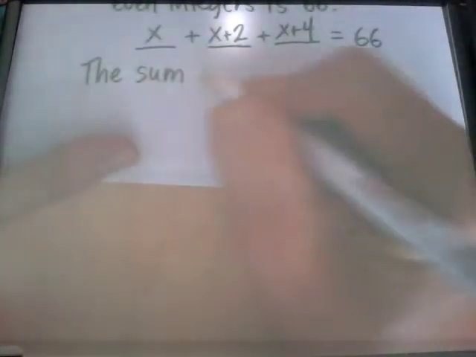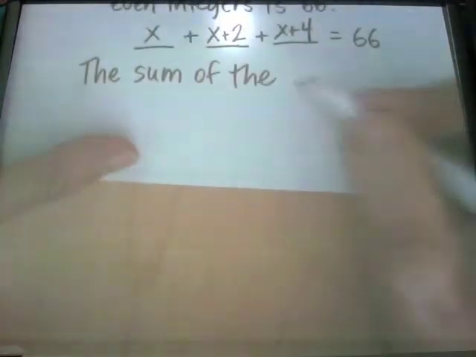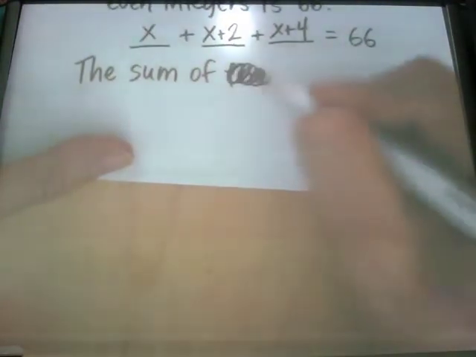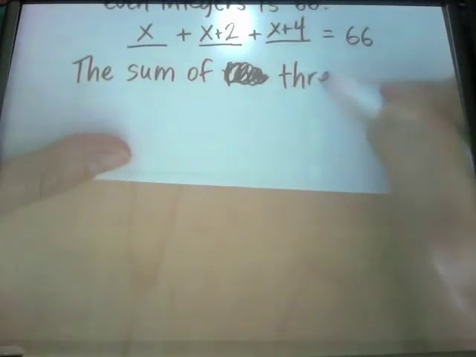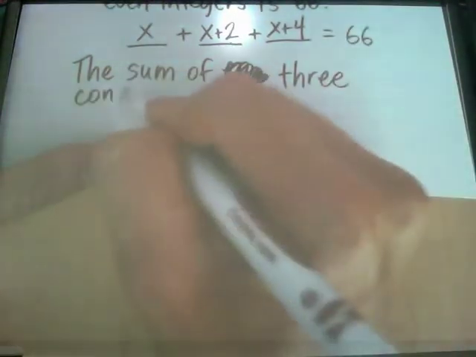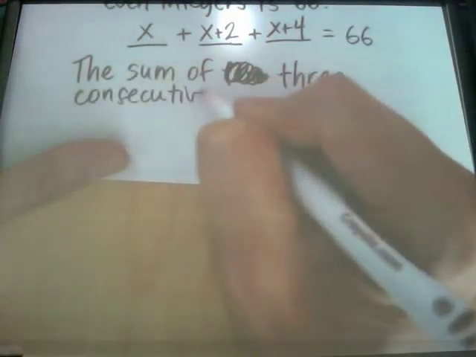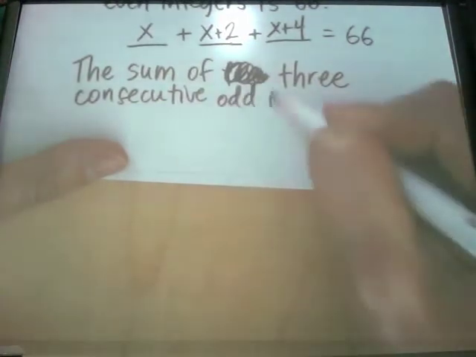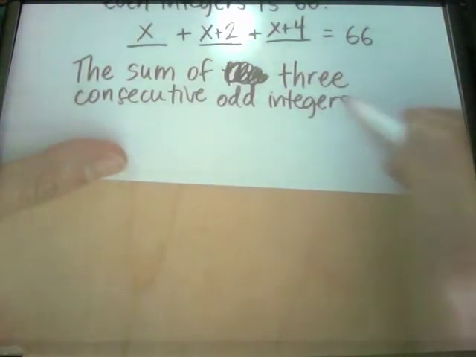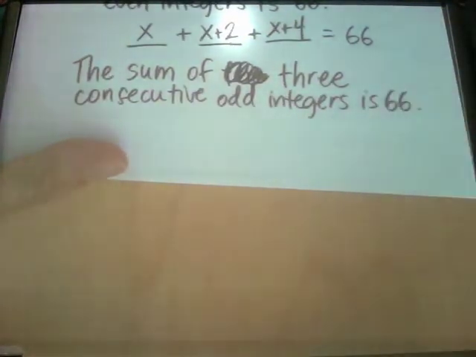Let's do the exact same problem, but we're going to make it odd. The sum of 3 consecutive odd integers is 66.